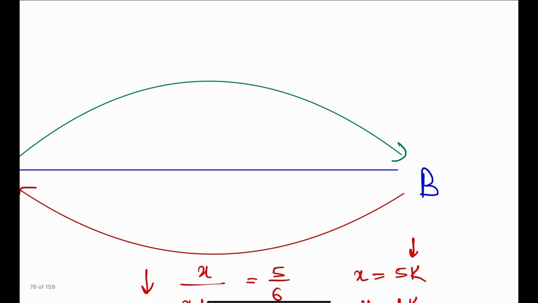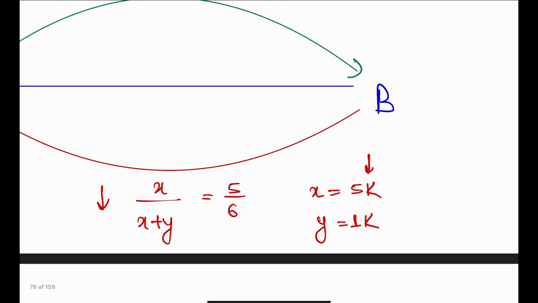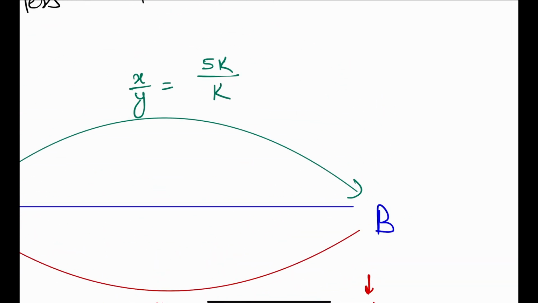So eventually our x by y becomes x equal to 5k and y equal to k. It will be 5. So in percentage terms it will be 5 into 100, that is 500%.